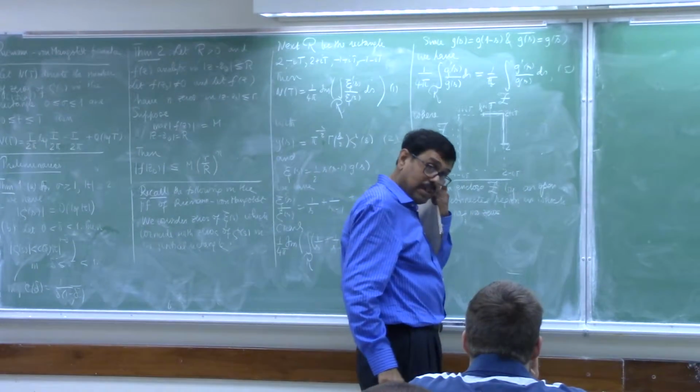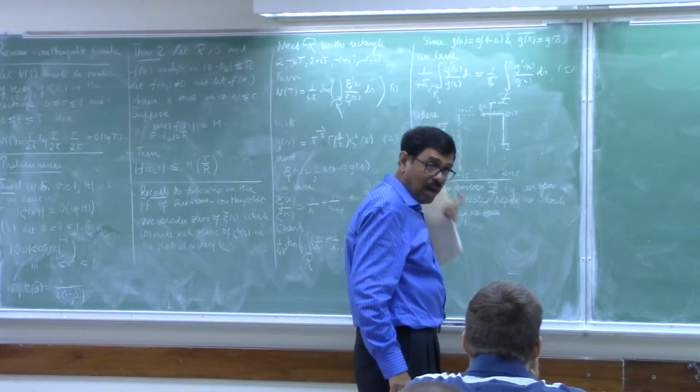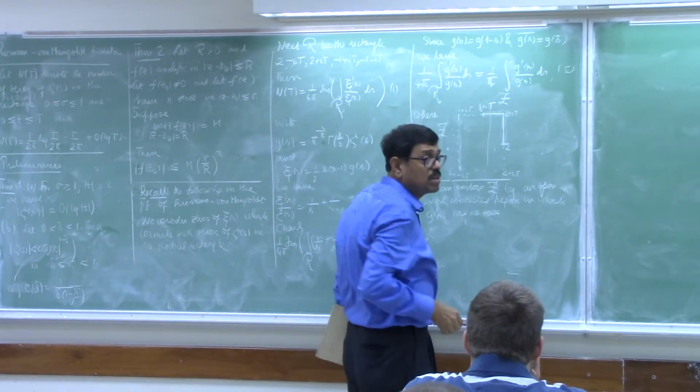So a single valued branch of the logarithm of g of s and the logarithm of each of these components can be defined.